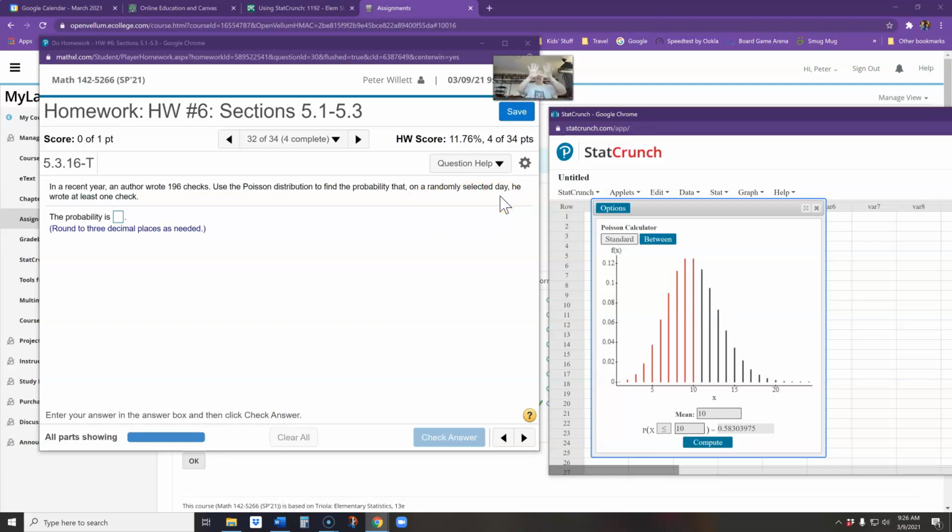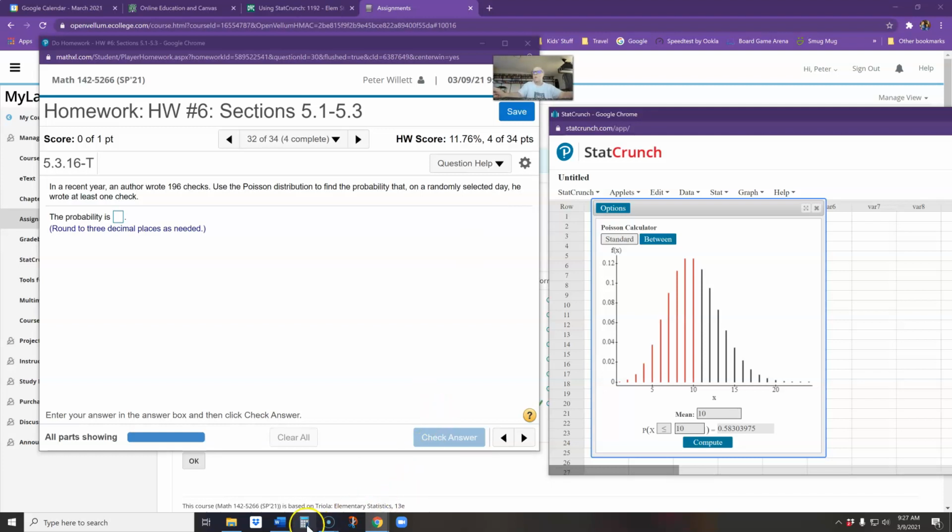So the spread for the Poisson distribution is over days in a year. There's 365 days in a year. So to find the mean value of how many checks were written over 365 days, I would divide the total of 196 checks by 365 days to get the number of mean checks per day.